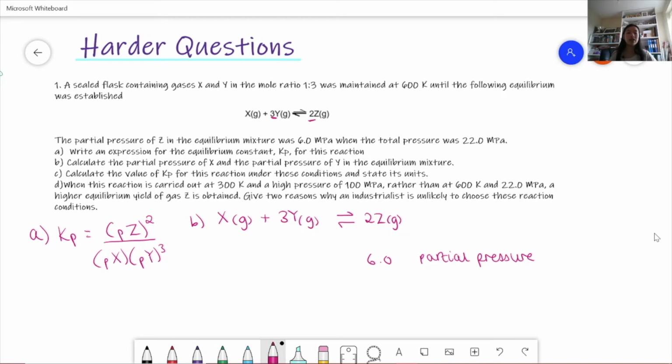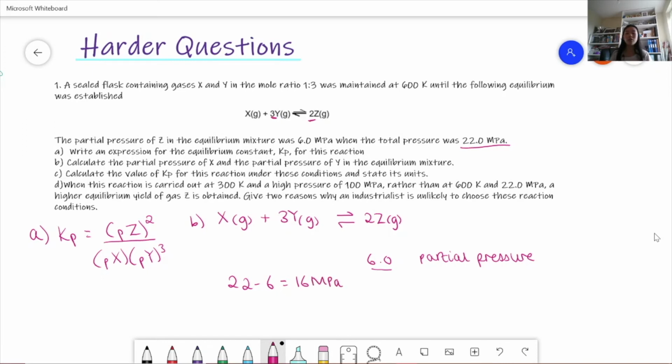So because we know the total pressure is 22 megapascals, and we've got 6 megapascals here for the partial pressure of Z, we know that all the partial pressures need to add up to 22. And so if we do 22 minus 6, we get 16. So we've got 16 megapascals left to share between the X and the Y.